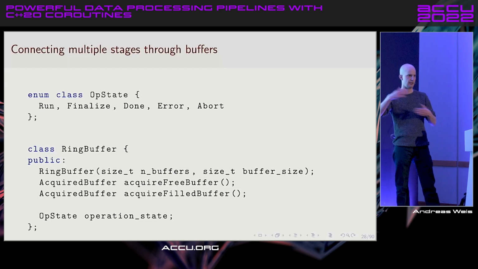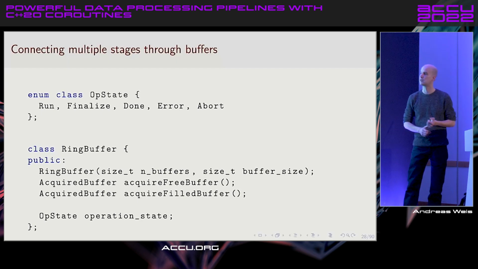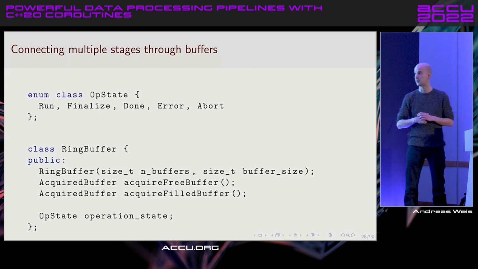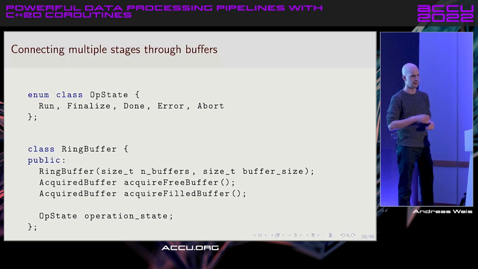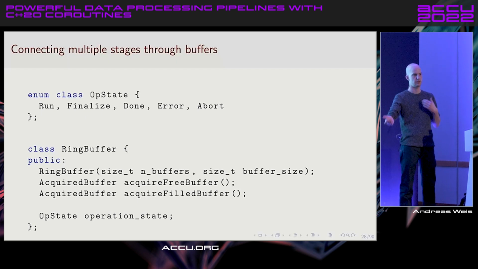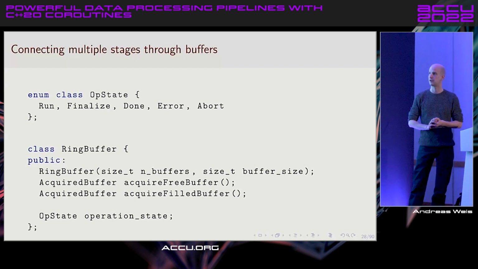So this is how I communicate to my neighboring stages. And as you can see, the operation states distinguish a little bit more than just the process states. In particular, I need to point out whether I'm in the finalized state, so that the node can determine whether it needs to expect additional inputs from its upstream buffer.